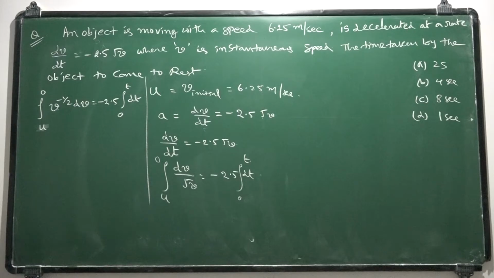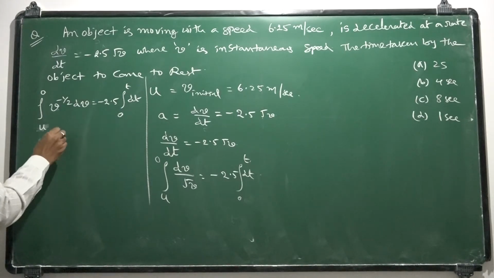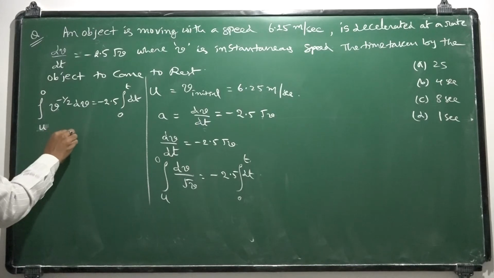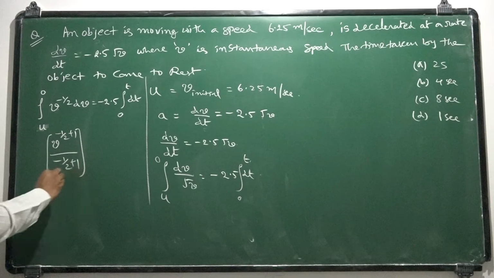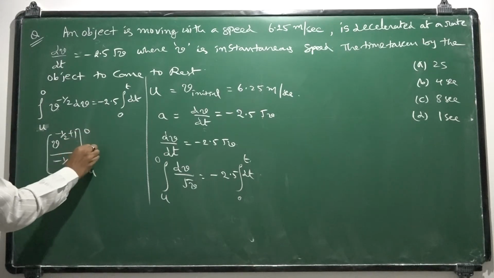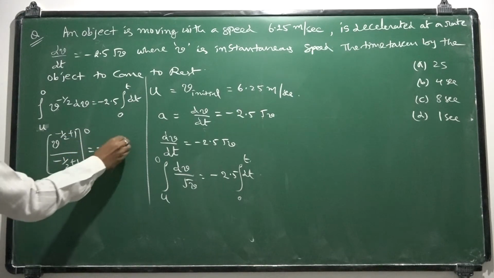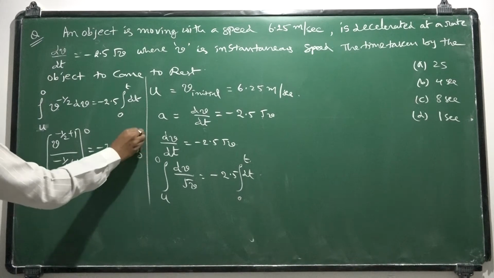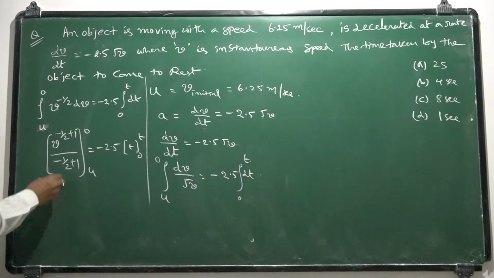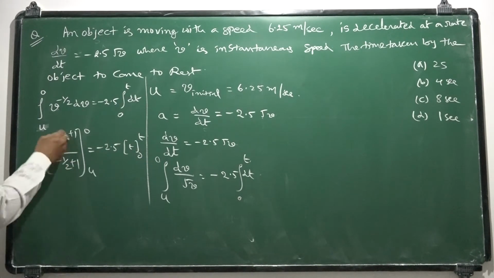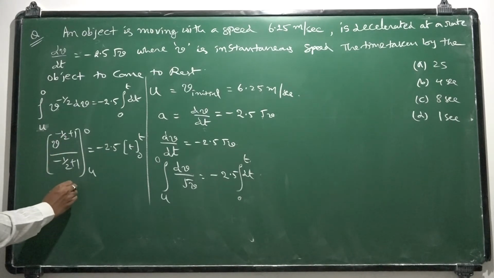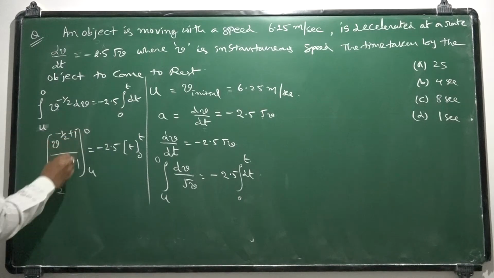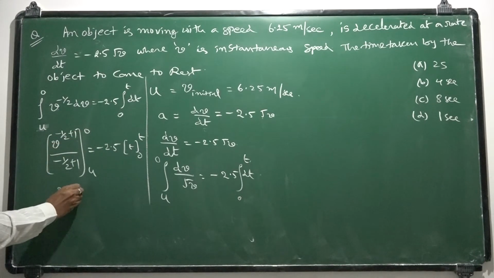So for simplification, v power minus half plus 1 by minus half plus 1, limits are from u to 0, equals minus 2.5 integration of dt from 0 to t. So the half comes up, it becomes 2 v power half, that is 2 root v.